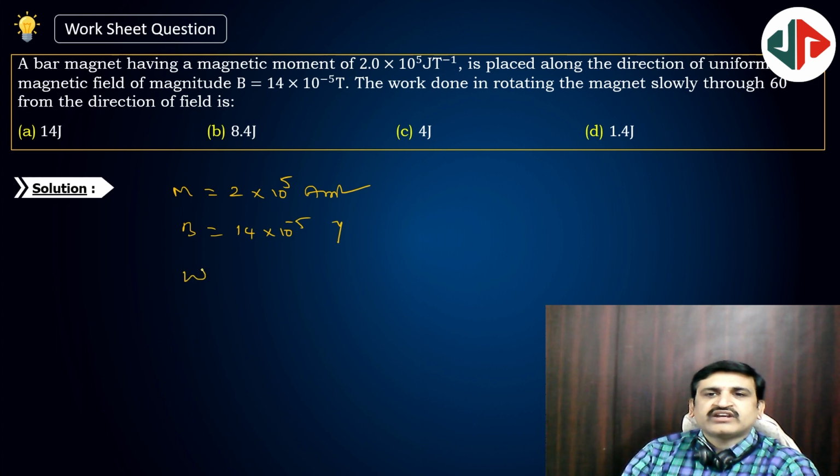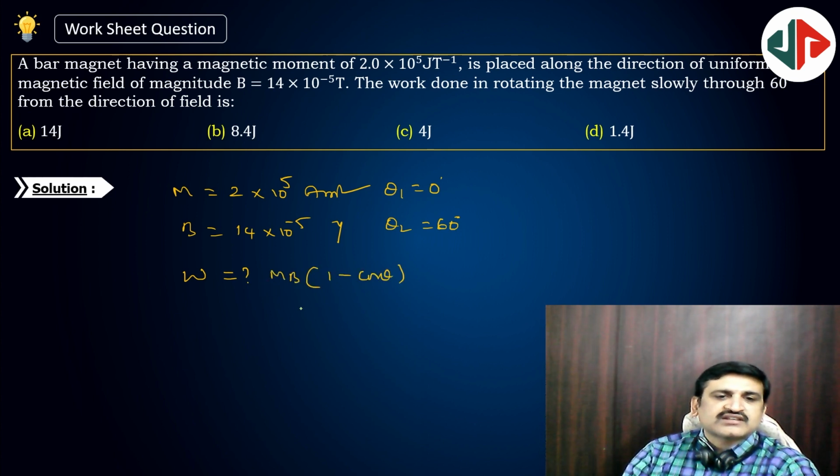Work done in rotating the magnet slowly through 60 degrees. Here theta 1 is in the same direction, theta 2 is 60 degrees. Now, work done he is asking, that is MB into 1 minus cos theta. MB is 2 into 10 to the power of 5, 14 into 10 to the power of minus 5, into 1 minus 1 by 2. So this is 1 by 2, 2 will go.